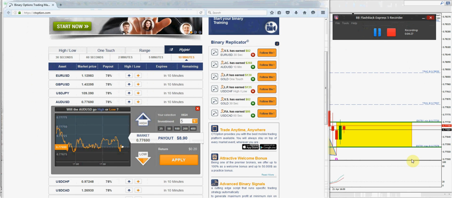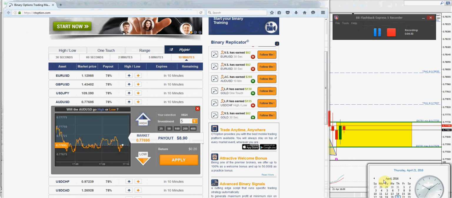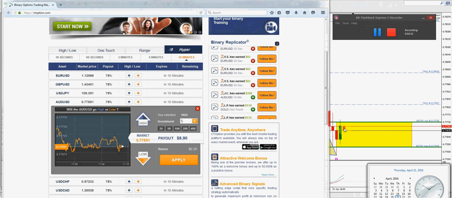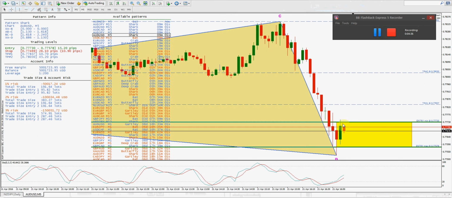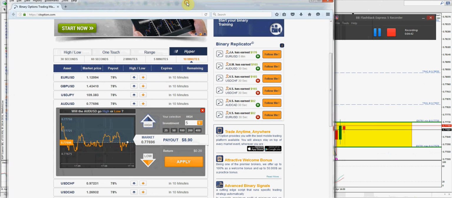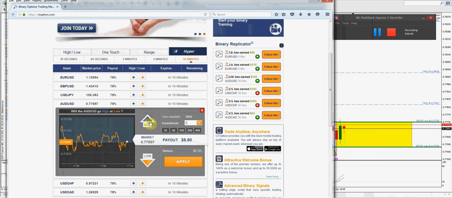All right, folks, we have about 30 seconds until this bar ends. This is going to be an AUD USD trade. As you guys can see, we're in an entry zone here for a buy. And once that bar ends, I'll go ahead and jump in.